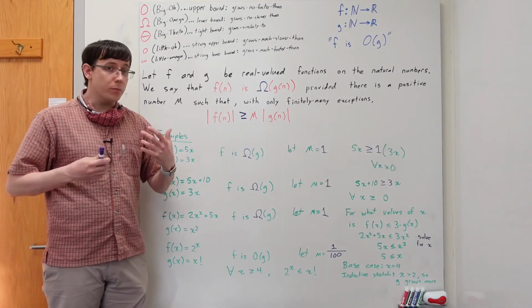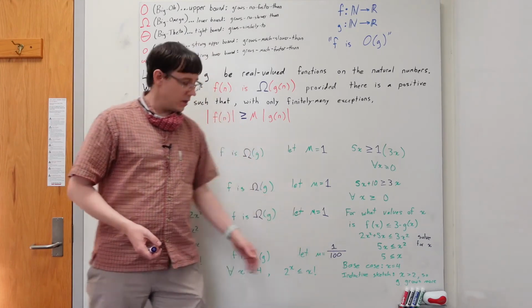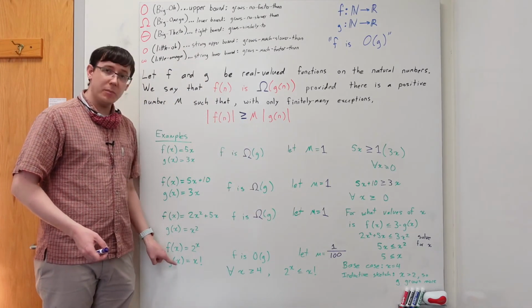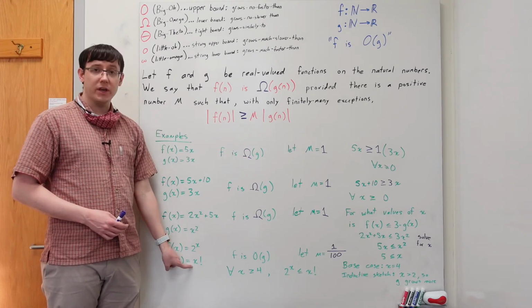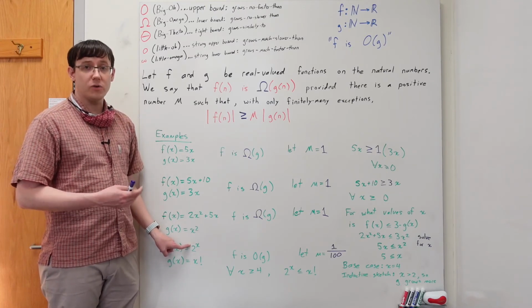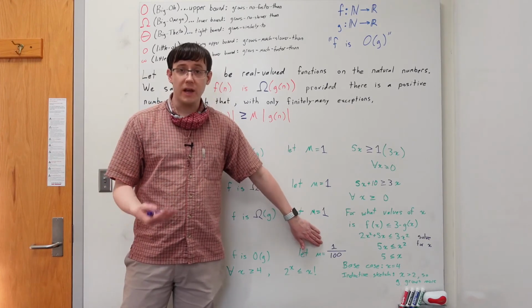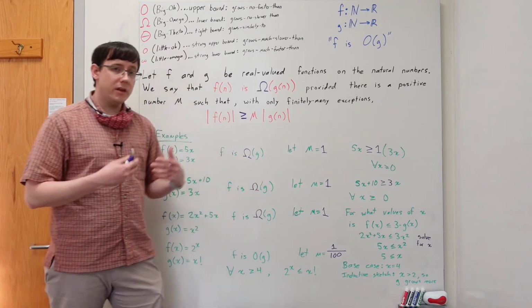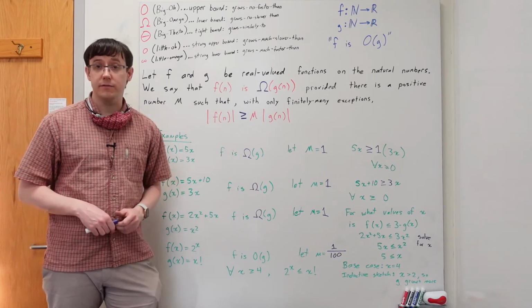And in fact, you could prove that for any fixed m that you choose, if you make the input x large enough, it will eventually become the case that x factorial is bigger than 2 to the x. And so if you showed that there was no fixed m we could pick, then you would have proven that f is not big omega of g.